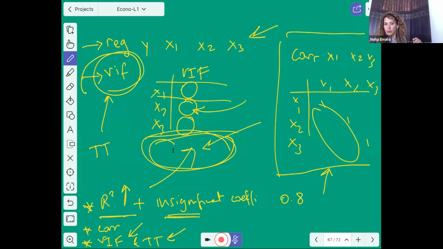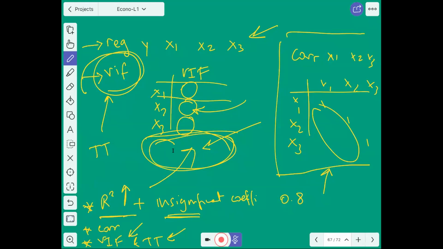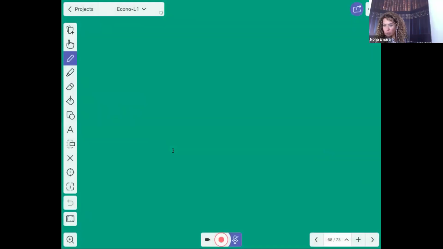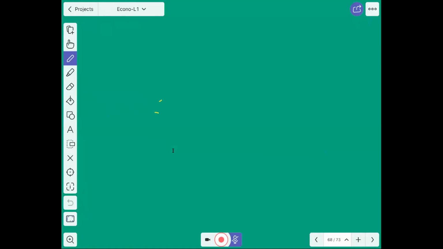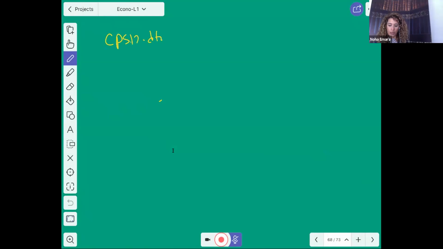Okay, let me continue. I'm going to continue as you guys open your virtual Stata, and when you're ready, you can stop me. All you need to do is get your CPS 12.dta, and then regress your model.